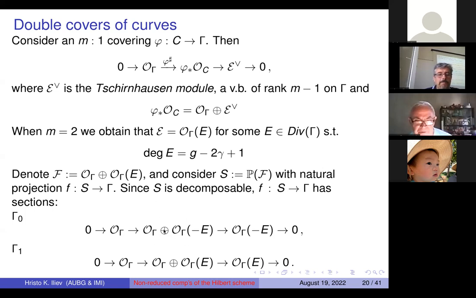Because the push forward that I have splits in this way, we can have either this exact sequence or the other one that you see here. The first exact sequence, by the theory of root surfaces, corresponds to the so-called section of minimal self-intersection denoted gamma naught, and the second exact sequence is the section that is denoted here by gamma 1.